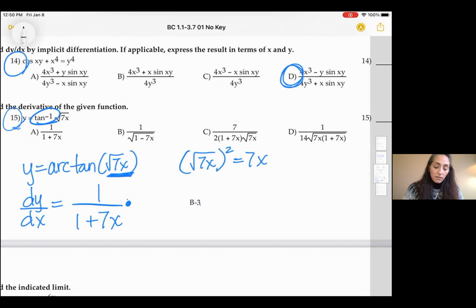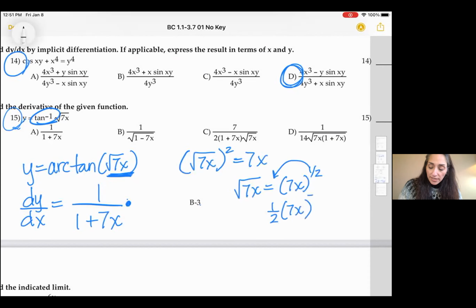The derivative of root 7x would be, let's see, root 7x is the same as saying 7x to the 1/2 power. So when you take the derivative of that, you bring the 1/2 out in the front, recopy the 7x, raise it to the negative 1/2, and then multiply by the derivative of the inside, which is 7.